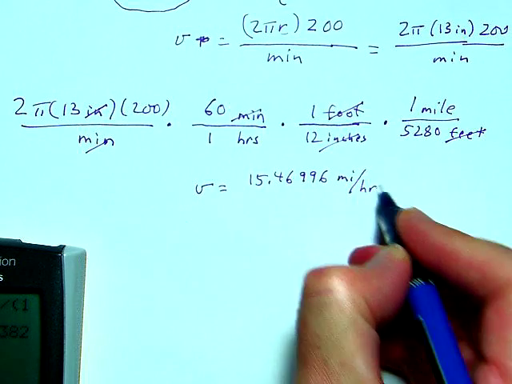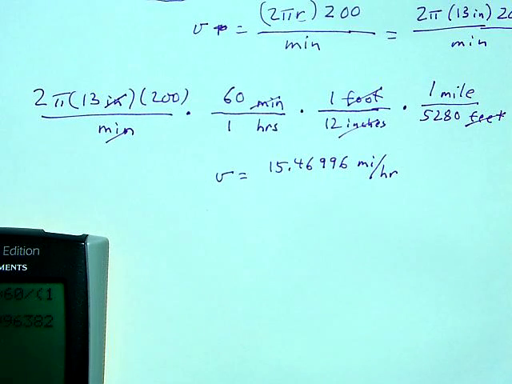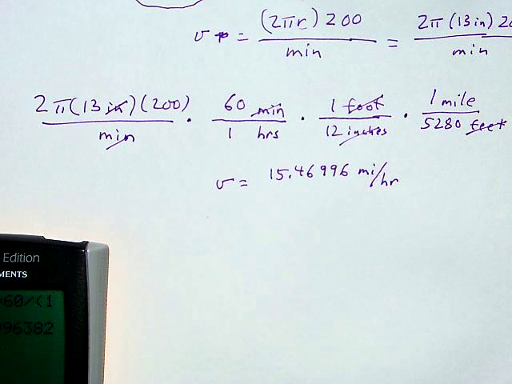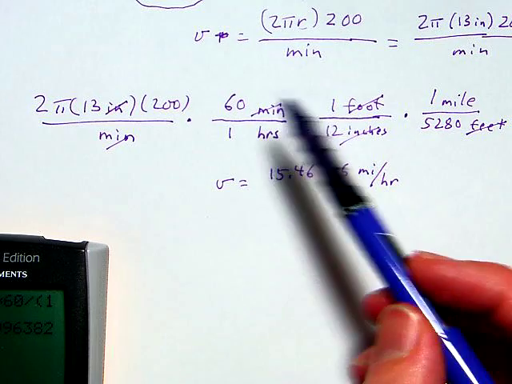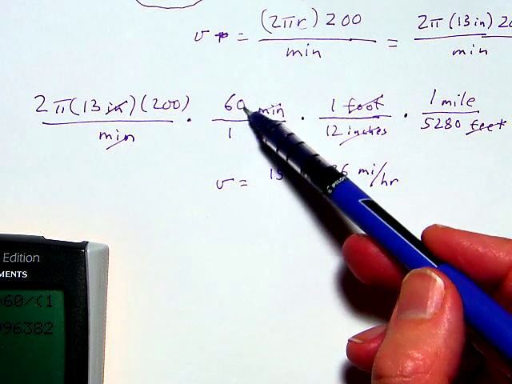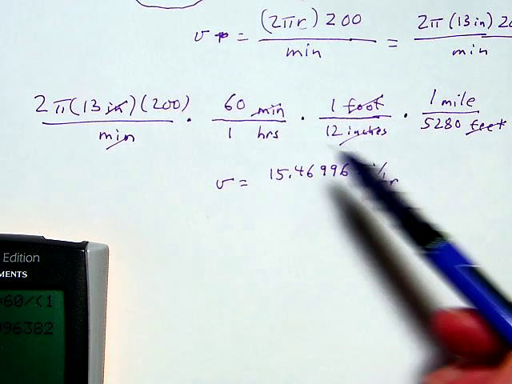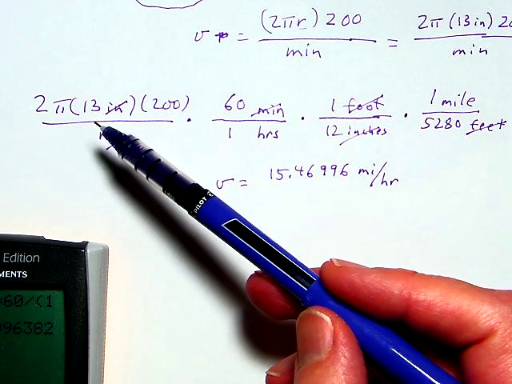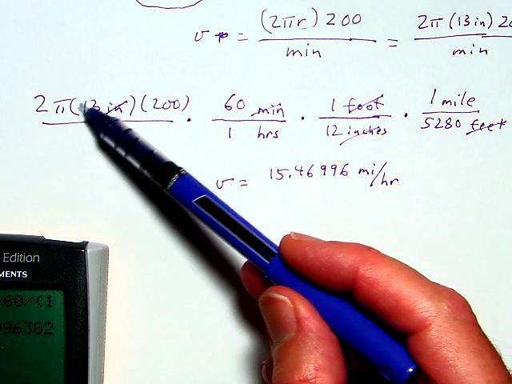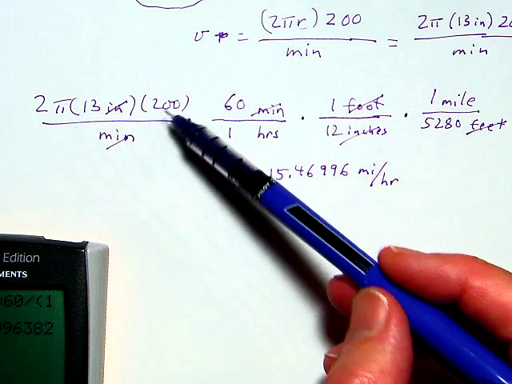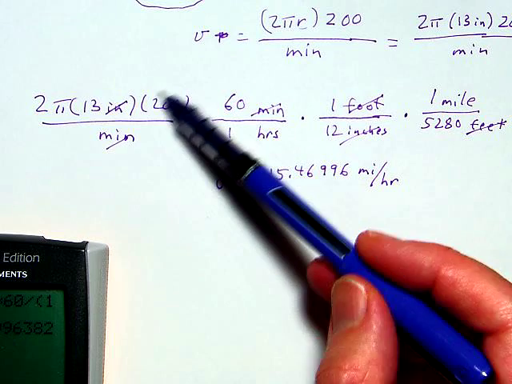That's what we wanted. But we've got the issue of significant digits here. We don't have to worry about significant digits so much in terms of the identities we're using, but we do have to worry about it when we're talking about, for example, 13 and 200 revolutions per minute.